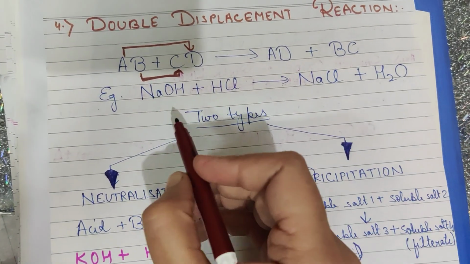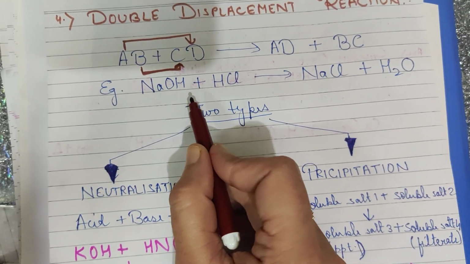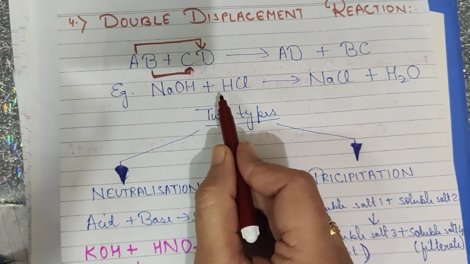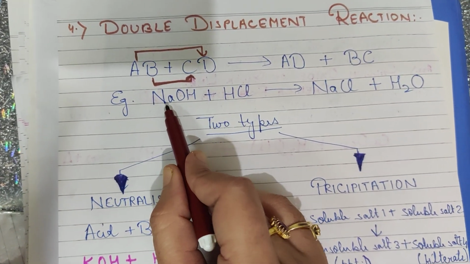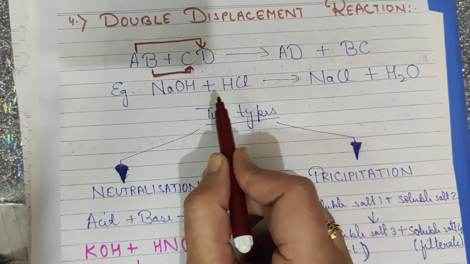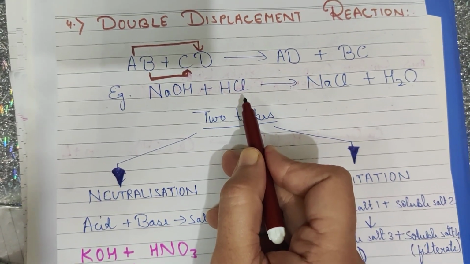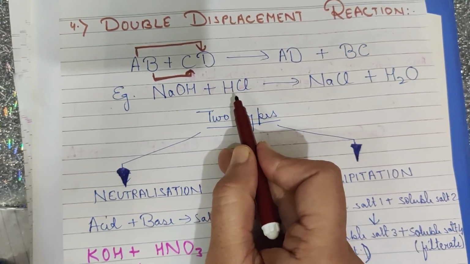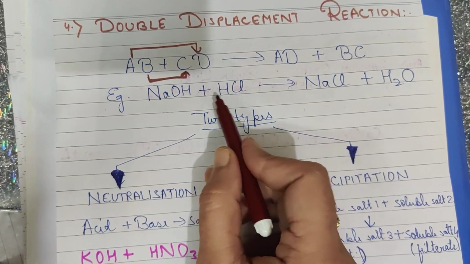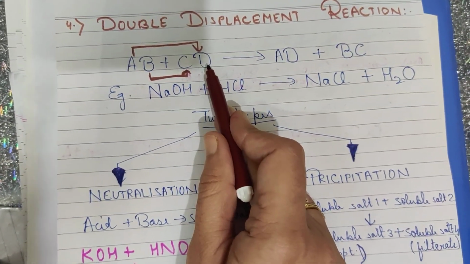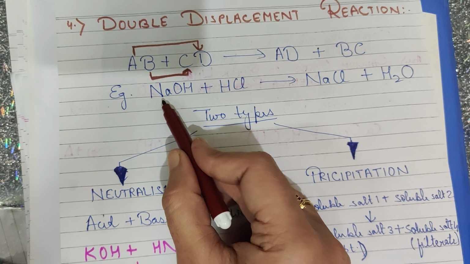You can see it with the help of an example. I have taken an example here, a simple example. NaOH, that is sodium hydroxide, is combining with HCl, that is hydrochloric acid. So if you compare this with this simple general equation, what will be the product? Na.